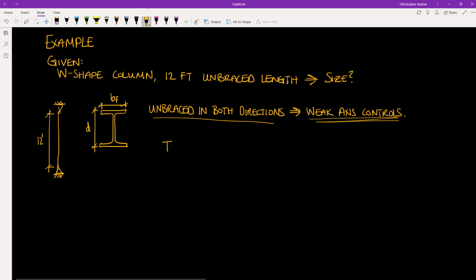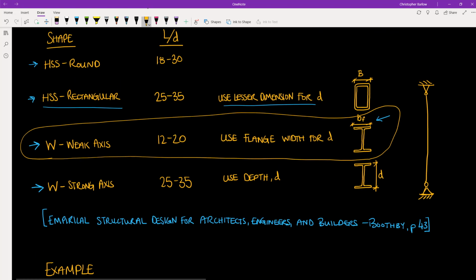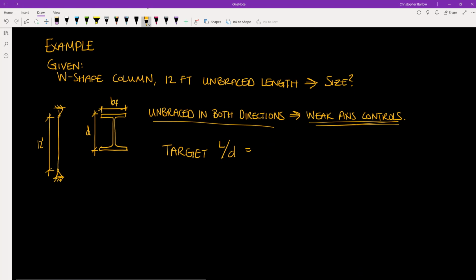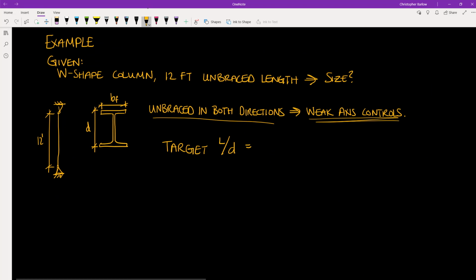And so our target length over depth ratio will be equal to 12 to 20. Something in that range. So let's choose the higher end of this range.